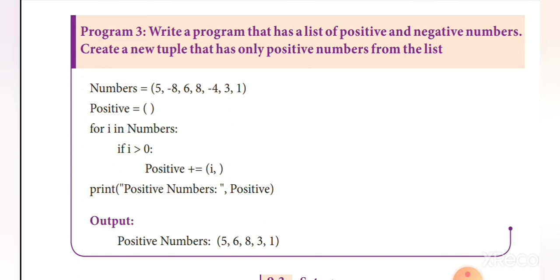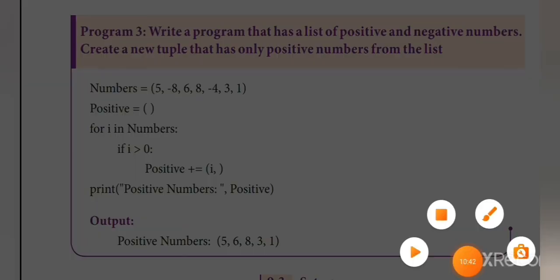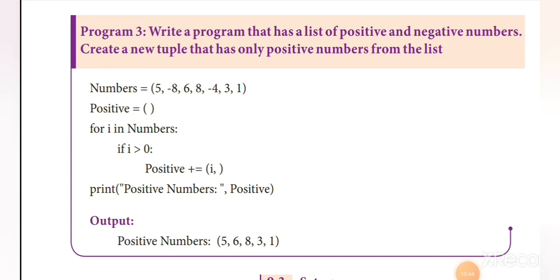Here it first checks the value. What is the first element present in this tuple? 5. So 5 greater than 0, the condition is true.